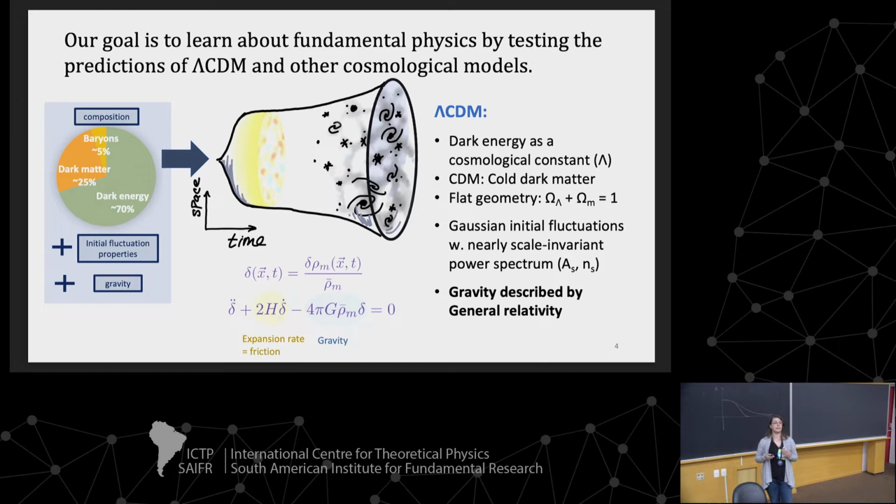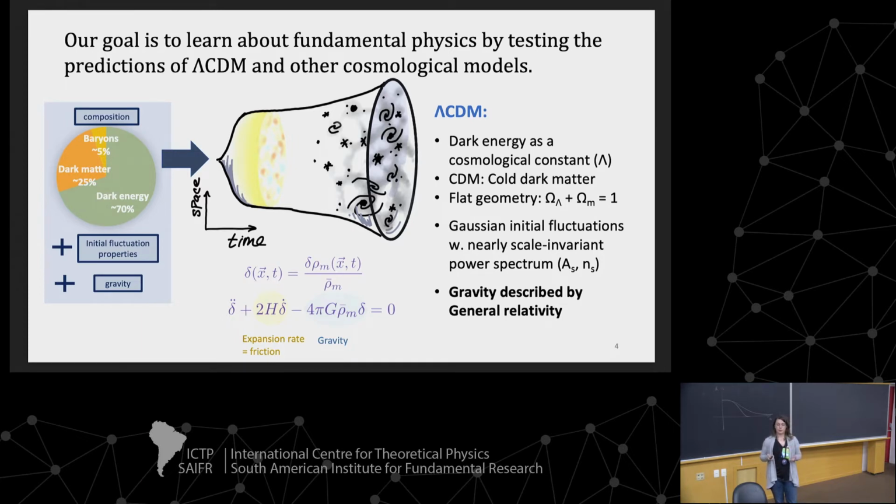By analyzing observables associated with these two things, we can compare our measurements to the predictions of our model and look for gaps where this simplest lambda CDM model doesn't quite match observations, and hopefully that will give us some clues to develop a more fundamental understanding of most of the pieces of this model, so dark energy, dark matter, et cetera.